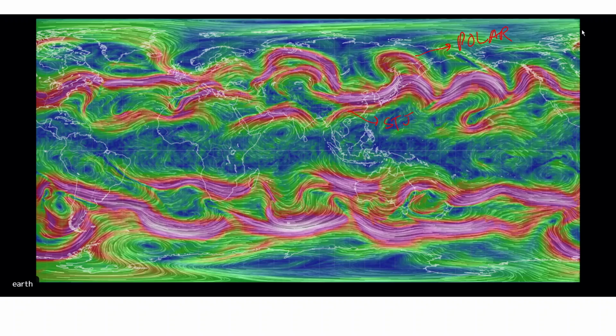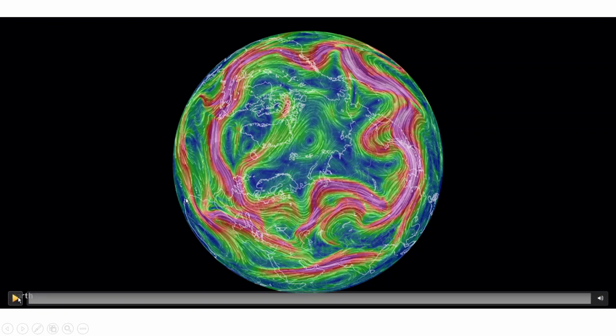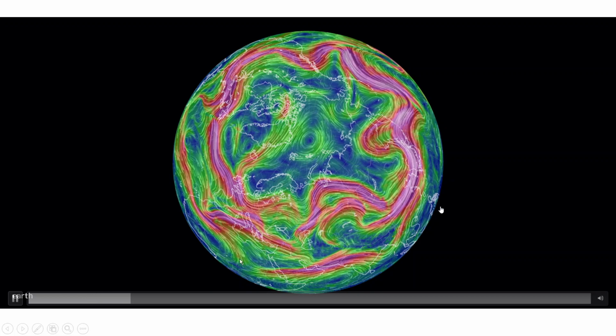As a result, the meandering pattern is more pronounced in the northern hemisphere, while the southern hemisphere, which is also called the water hemisphere, has very little land mass, and therefore the meanders of the jet streams are not as sharp as in the northern hemisphere.